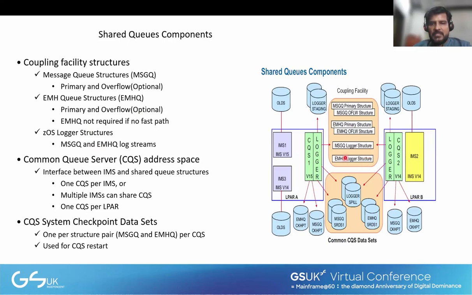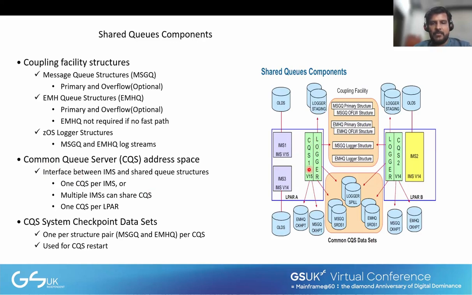These logger structures are critical in recovering the shared queues in case of any failures. These logger structures are also defined as list structures in the coupling facility. We also need a separate address space called CQS, which is the common queue server.